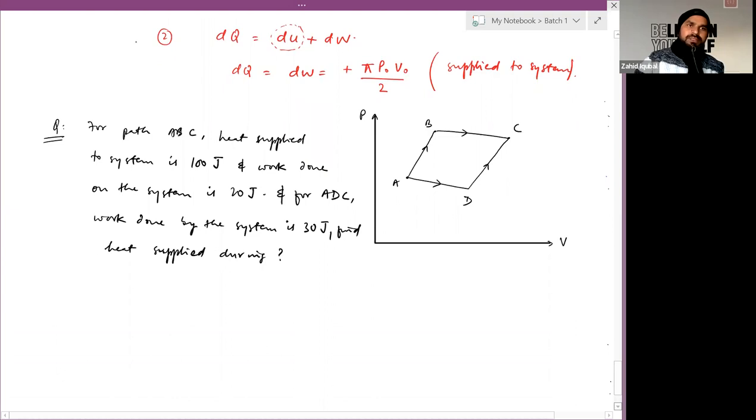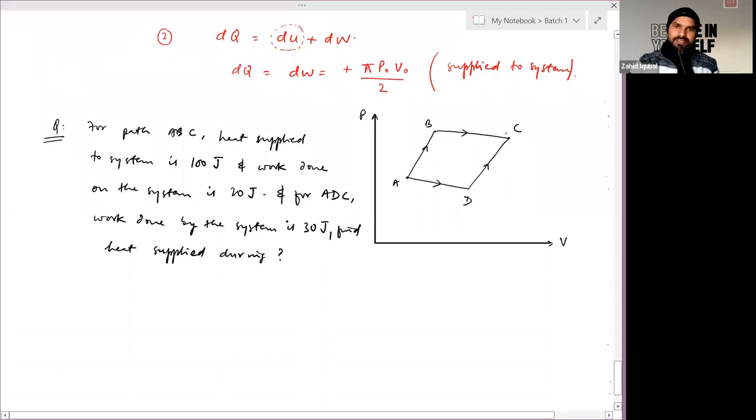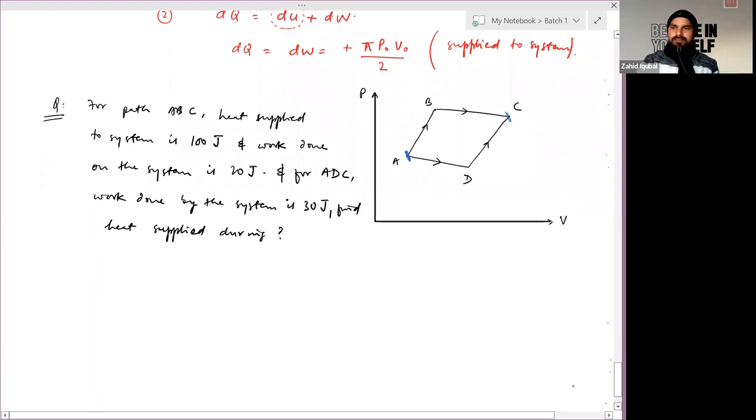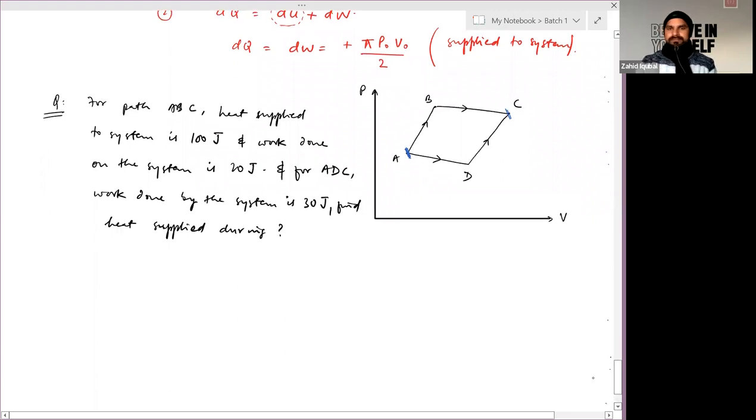In both process, we have same initial and same final point. So which of the quantity, heat, internal energy, or work done will be same in both different paths? Iba? Which quantity will be same along both different two process?